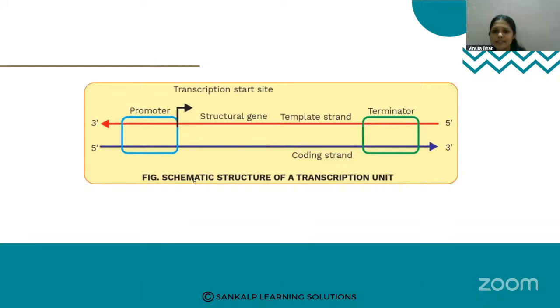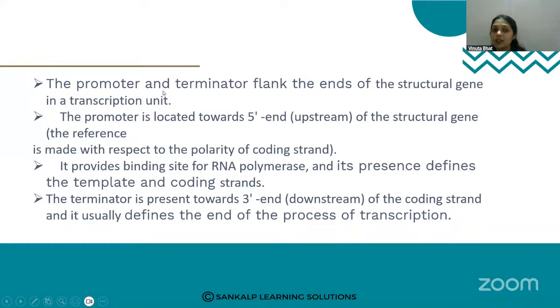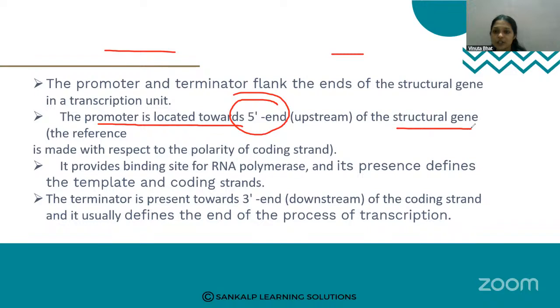Now, what are the promoter and the terminator? The promoter and the terminator flank the ends of the structural gene in the transcription unit. The promoter is located at the 5 prime end of the structural gene, and the terminator is towards the 3 prime end of the structural gene.